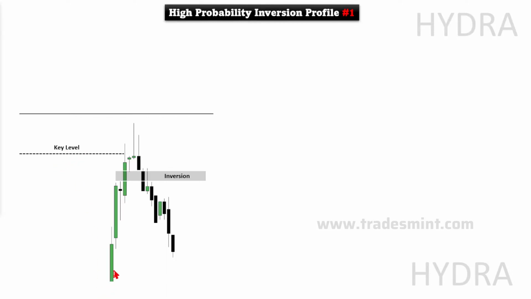As you can see, we have a price swing here, right? So we have a key level here. This key level can be a swing high, can be a higher time frame premium PDRA, because this is a bearish condition, right? I'll show you examples of bullish and bearish in both conditions, but right now this is a bearish condition.